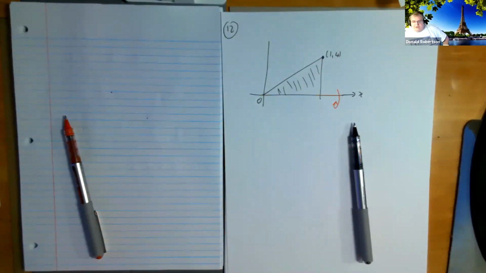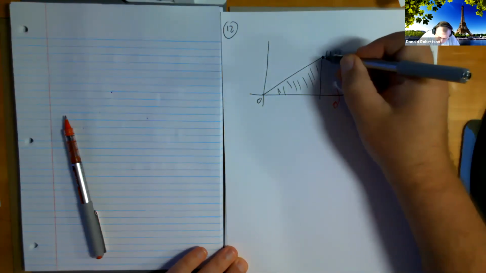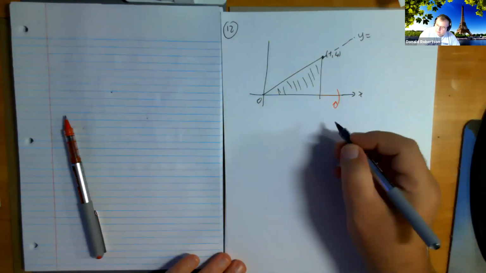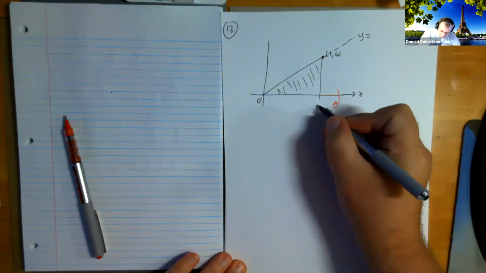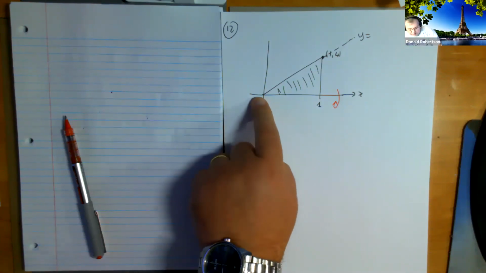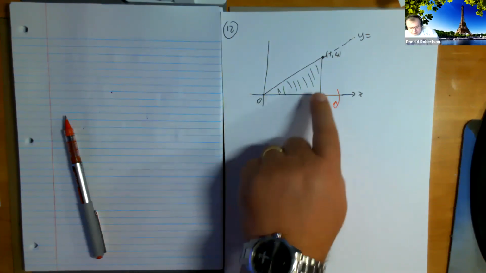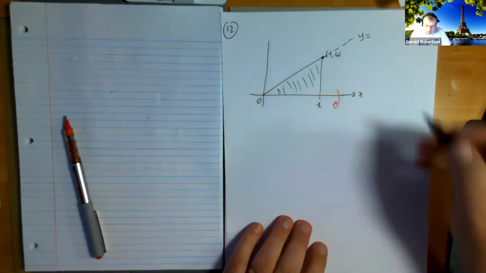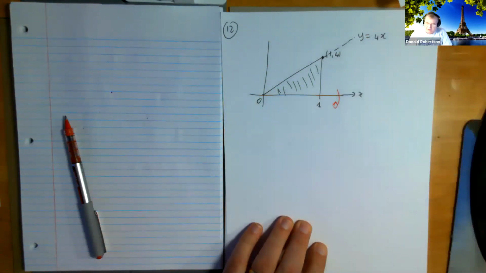So that's basically the shape, rotated about the x-axis. Well, let's see what's missing. Well, isn't the equation of this line missing? Well, what do I know about this line? Well, it goes through the origin. Would you agree that it has a slope of 4 by 1, so it's y equals 4x?